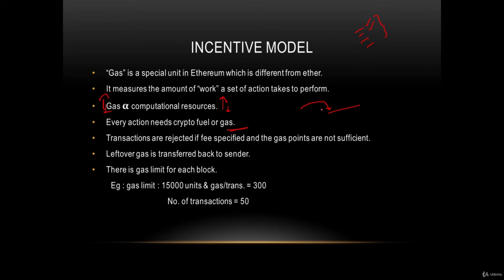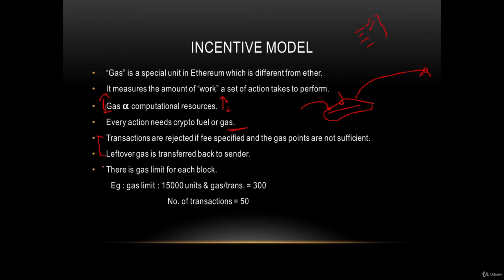And what if it is more? If a transaction has more gas points than what is needed, after the execution of this transaction, all the gas which is left over will be sent back to the sender. So if this is the sender, he'll get all the extra gas points back. So these 2 points are basically for gas in transactions.